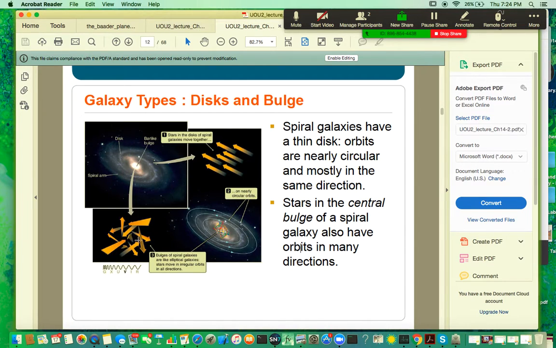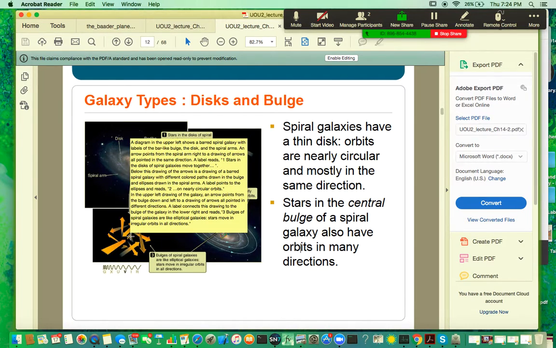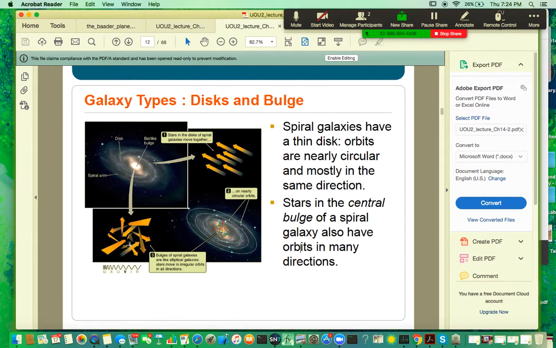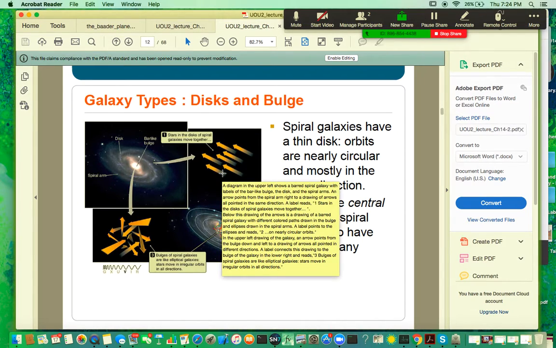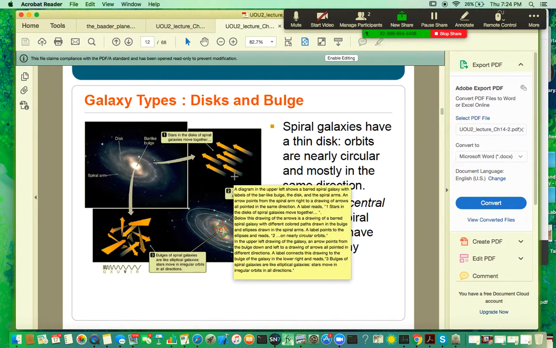So the stars in the bulge go in any direction they want, and that's what these vectors, these arrows, indicate. Whereas the stars in the spiral arms tend to follow a pattern. They go around the galactic center, obeying some rule in some global direction.